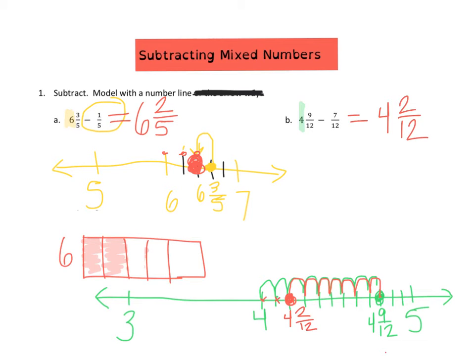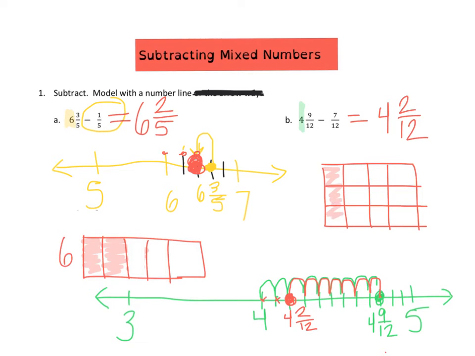Again, just to show it for all you visual learners out there, because I know I am, I'm going to start with a box split up into 12ths. So here we go, 1, 2, 3. Right now I have 4. This is split into 12, so I have 3 rows of 4. I started with 9/12 shaded.